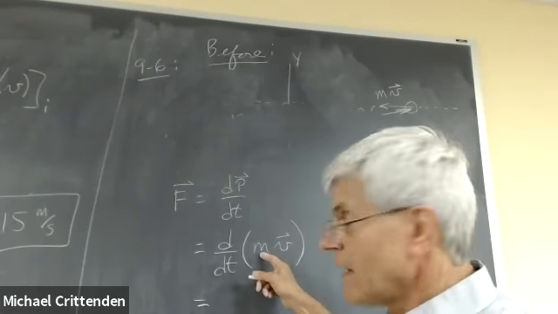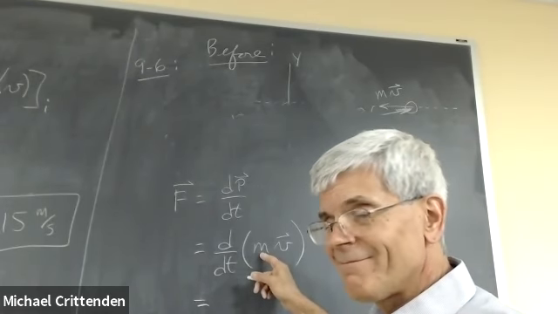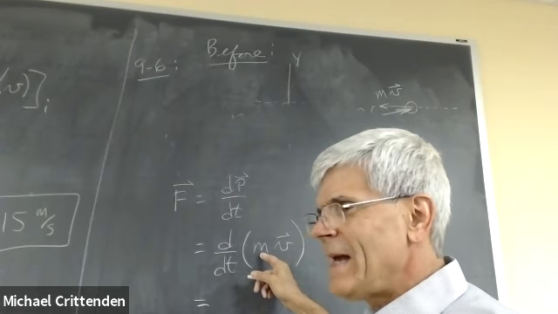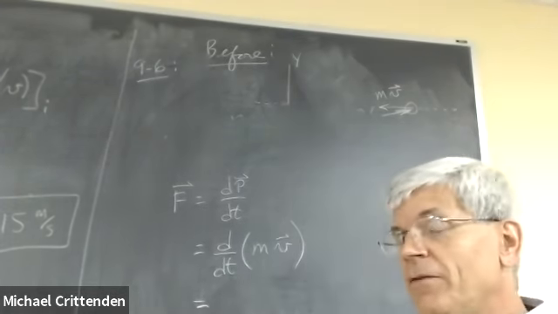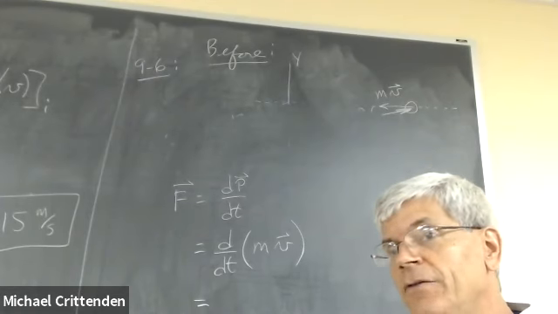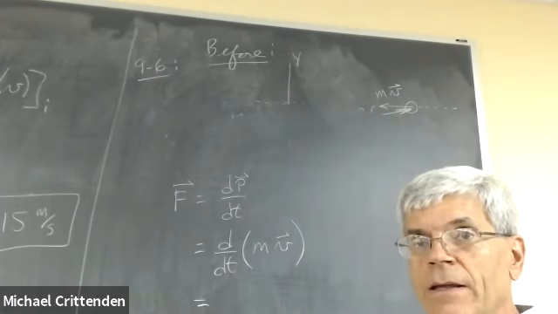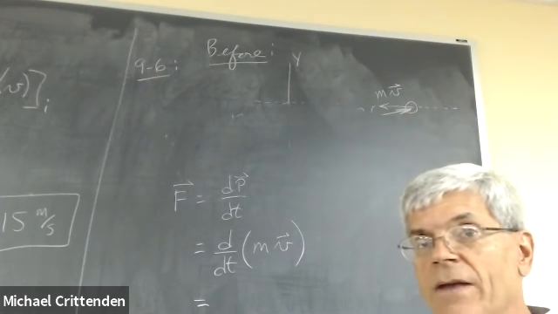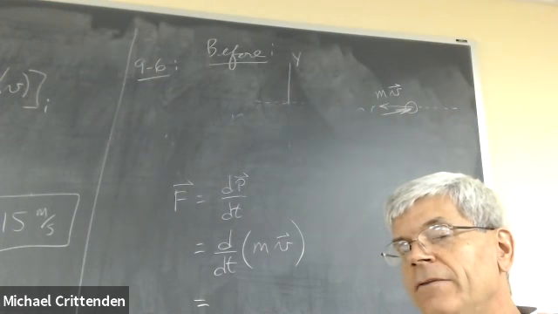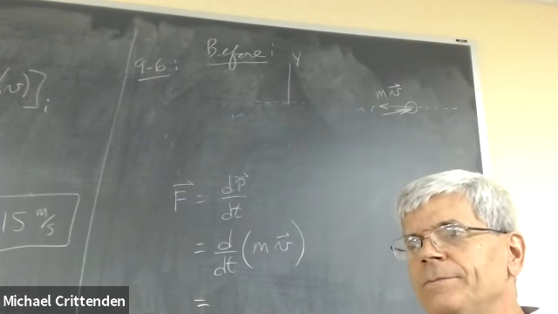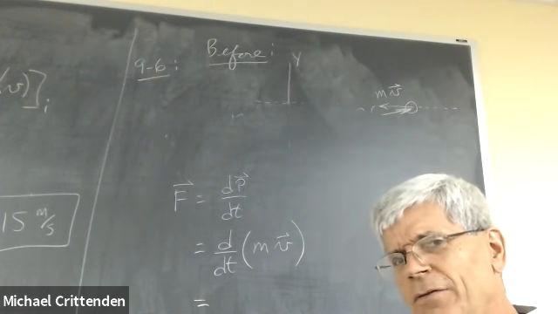Well, mass is actually not always a constant. You can get involved in, for example, a rocket. As it shoots up into the sky, it's constantly losing mass that's being expelled out the back, and that can get kind of complicated.